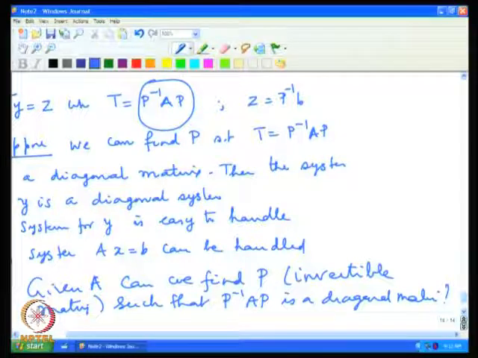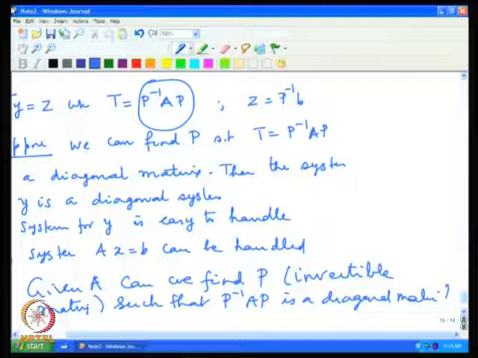This is another fundamental question in linear algebra. This is called the diagonalization process of a matrix, and we will look at the answer to this question as we go along, as one of the most fundamental problems in linear algebra about diagonalization of these matrices.